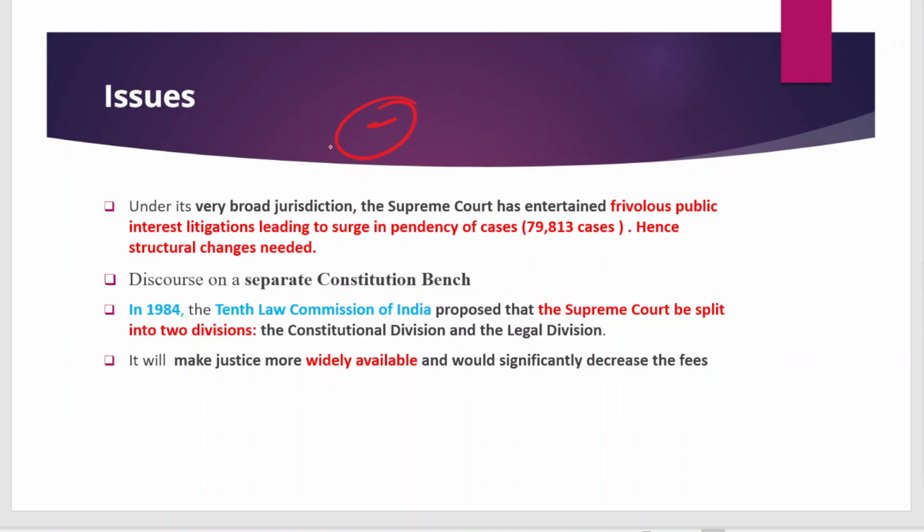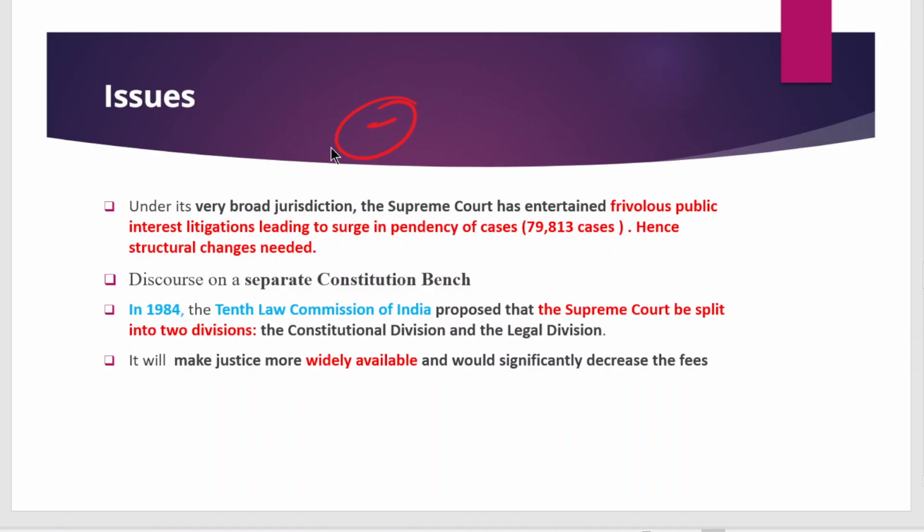With the introduction of public interest litigation, you know that when we talk about PIL, any person related to a public interest case can file a PIL in the Supreme Court, and the Supreme Court will deliver judgment on that.